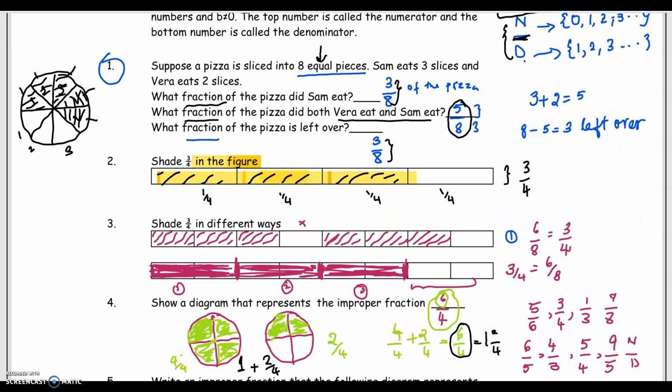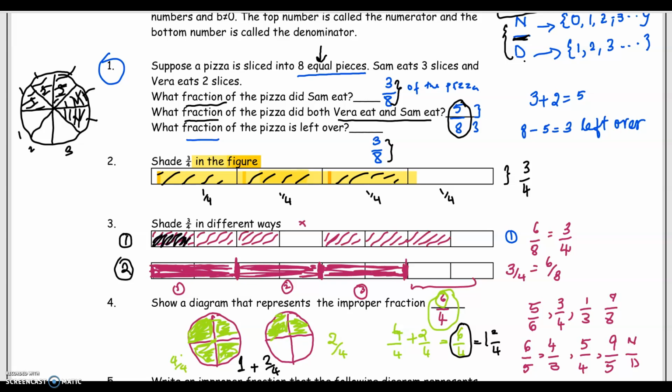Now we can shade 3/4 in different ways. So this is our first example and this is our second example. So in the first example, the entire bar, which is a whole, is divided into 8 equal parts.